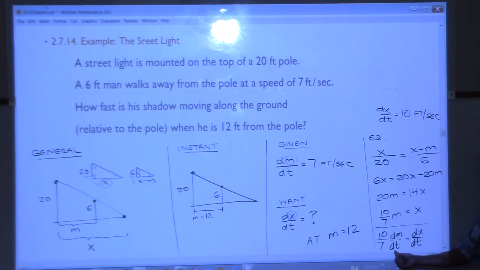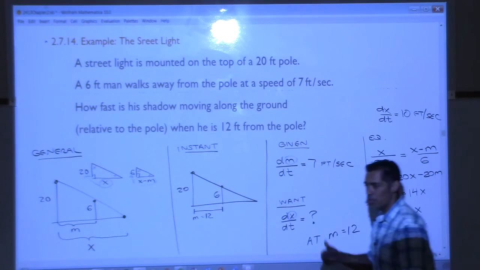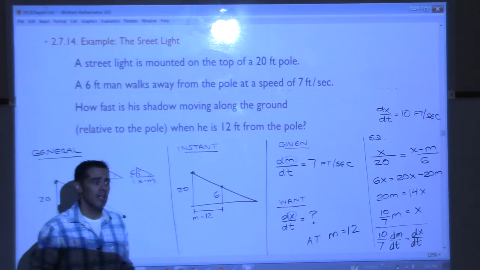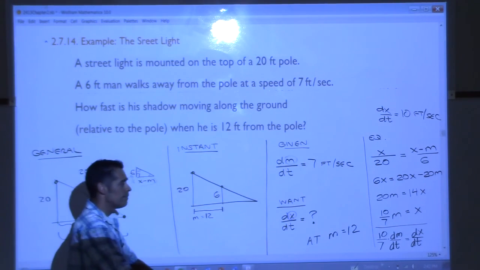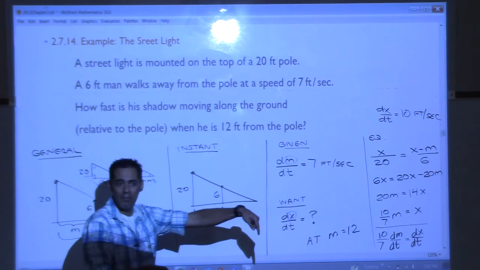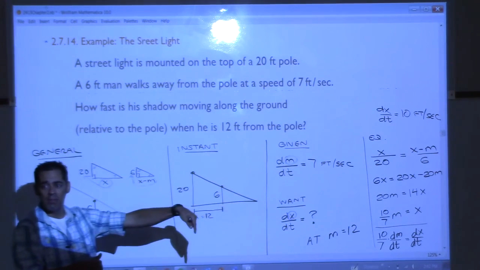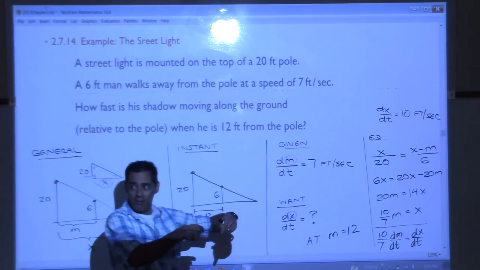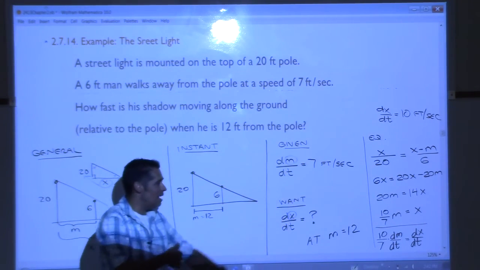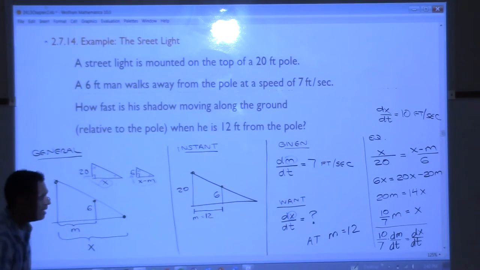Which means the speed of the shadow is constant. It is not speeding up as he walks. He walks at 7 feet per second. His shadow's moving at 10 feet per second, no matter where he is. So even though you may think that because his shadow's getting longer, it's speeding up, it's not. It's just moving at 10 feet per second the whole time.